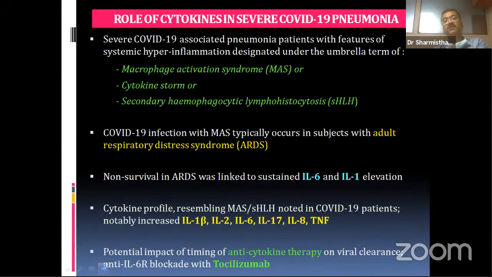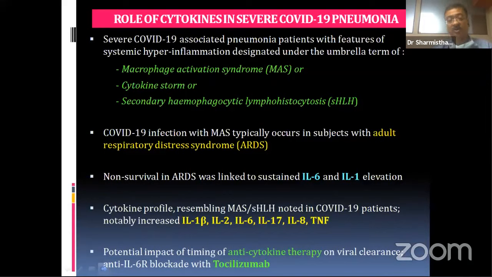Now, severe COVID-19 associated pneumonia patients with features of systemic hyperinflammation are designated under the umbrella term MAS, which is macrophage activation syndrome, or you can call it cytokine storm, or secondary hemophagocytic lymphohistiocytosis, whatever the term may be. It is because of the cytokine storm that it leads to ARDS.